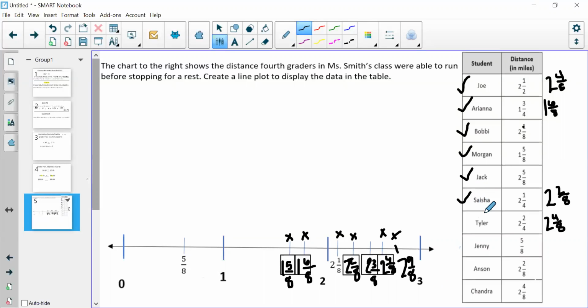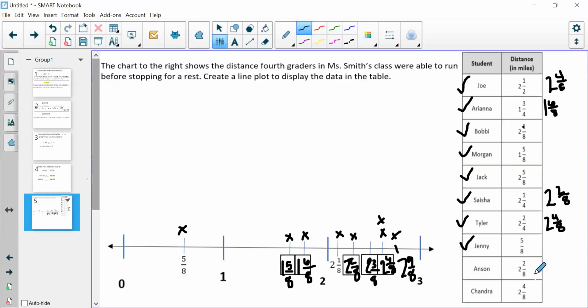So Tyler ran 2 2/4, which is the same as 2 4/8. So we already have an X there. That means we're just going to stack it on top. And there's Tyler. Jenny ran just 5/8. So we're going to go all the way down here. Poor Jenny couldn't run very far. That would probably be me. I'd be Jenny. I can't run very far.